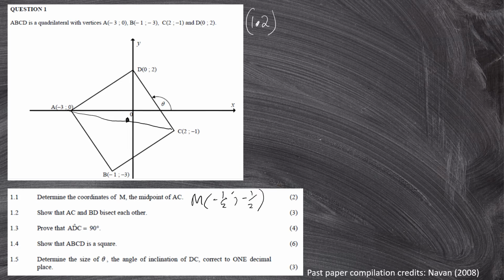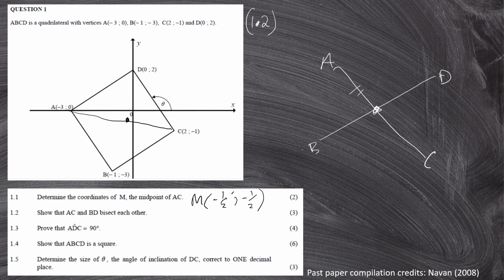For example, if this line, which is BD, is bisecting this line called AC, it means their midpoint must be the same, or rather they must have equal lengths, as I said.